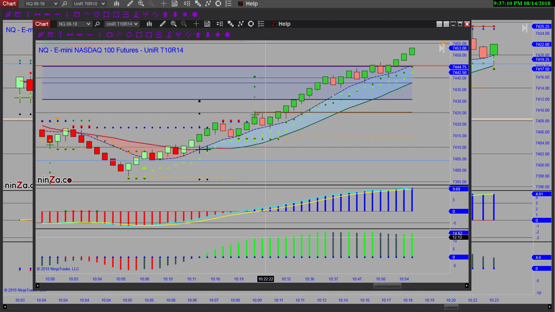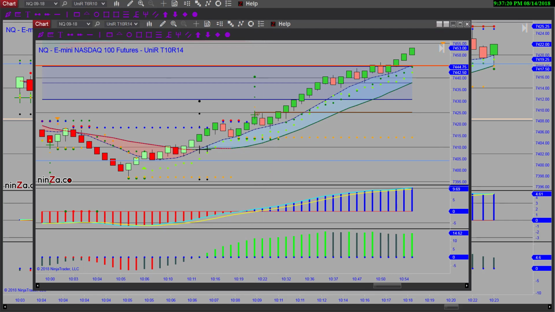The R squeeze was up, but it's pretty high. That's the only part that's kind of a negative there. It did a 3-bar continuation pattern, and we see that over in the favorite patterns, where the first candle, second candle, and the third candle, and then it continues to move higher.